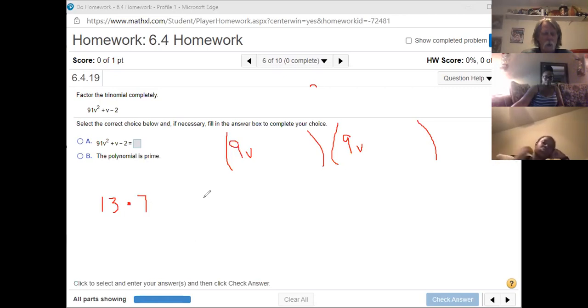Now, why did I pick 7? Because 7 times 3 is 21. So I know 7 times numbers can end in a 1. That just goes back to knowing multiplication tables. I don't know that this will work, but we'll have to. So now I'm going to go 13 and 7v.